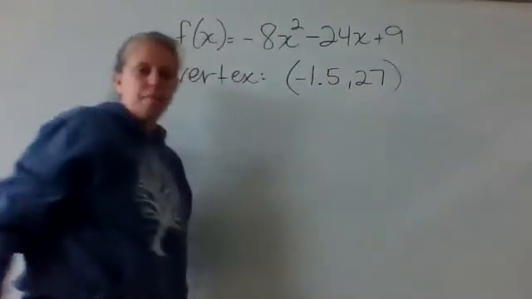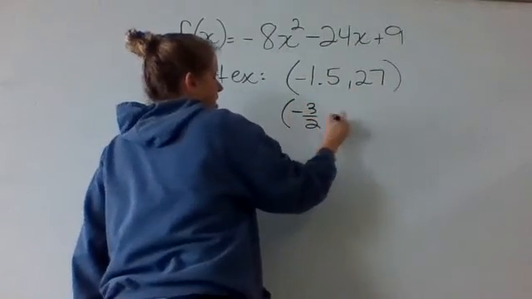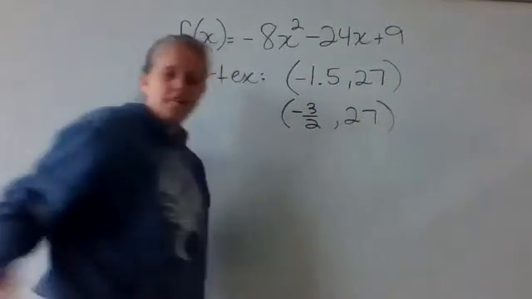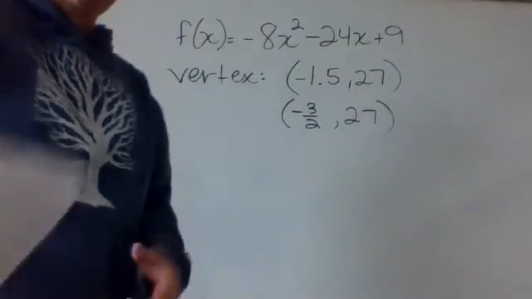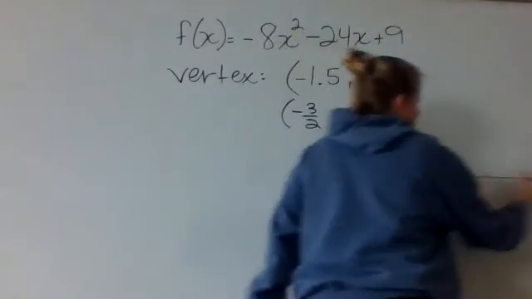Now, remember, MyMathLab's not going to like this, so you're going to have to enter that as negative 3/2, 27. Okay, so I'm just going to sketch this one out.